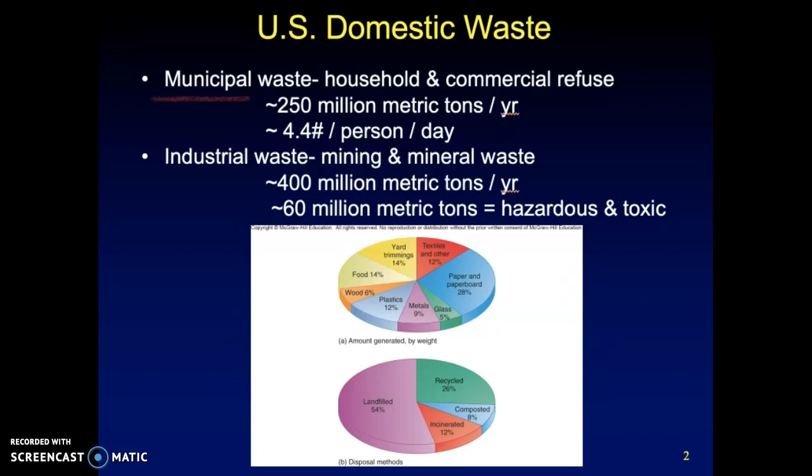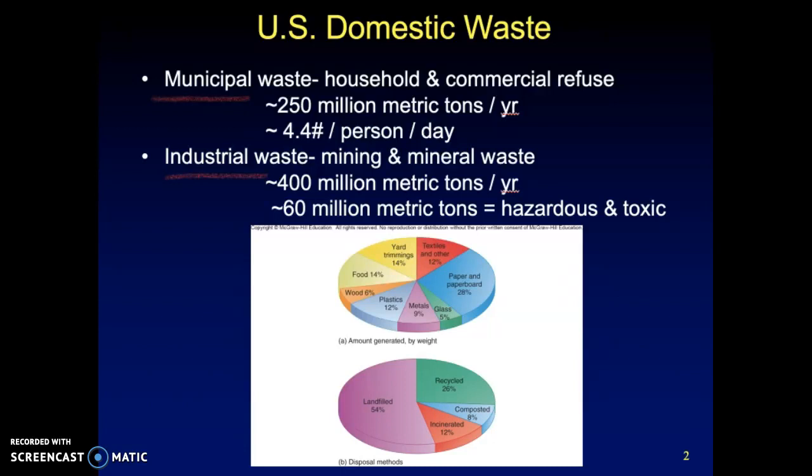The second category of waste production in the U.S. is what we call industrial waste. This is the waste that comes from mining and mineral production. So when we're digging for coal, drilling for oil, production of fuels, things like that, we produce a lot of waste.